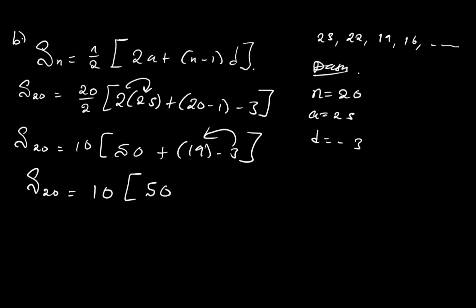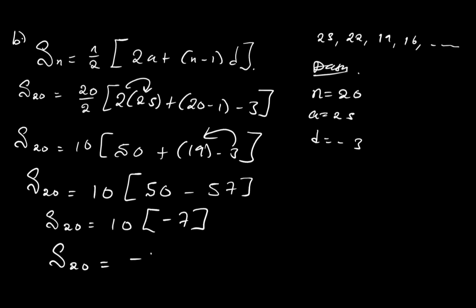Then what is negative 3 by 19? This will give you negative 57. So you have S sub 20 being equal to 10, then 50 minus 57 will give you negative 7. And if you now simplify furthermore, you end up having negative 70 as your sum of the first 20 terms.